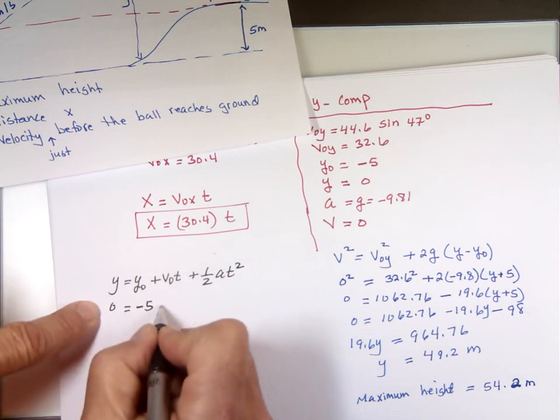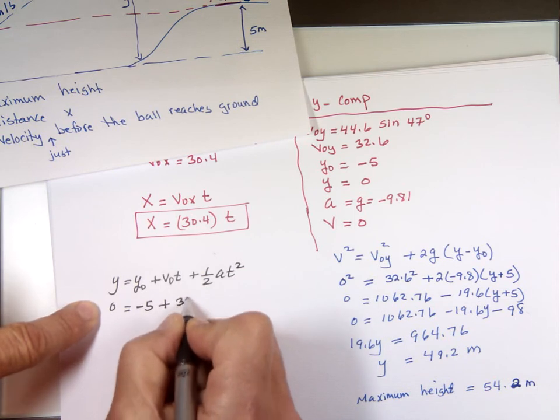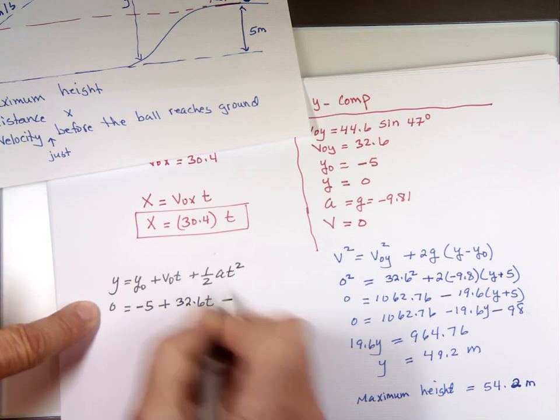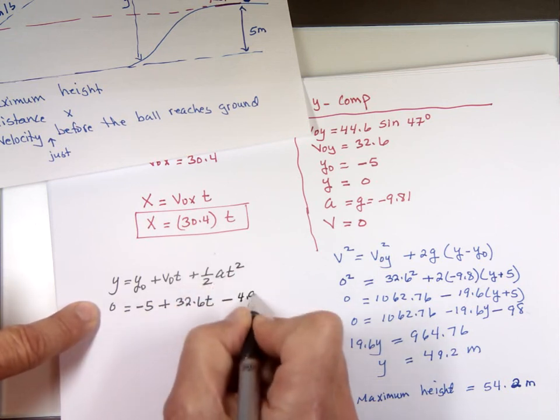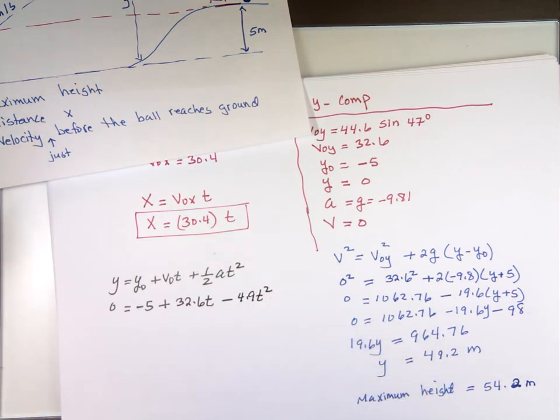Yeah. Minus 1/2 times 9.8, 4.9 t squared. Again, I don't like to begin with negative. I'll multiply by a minus 1.